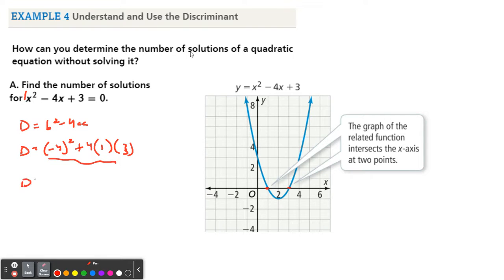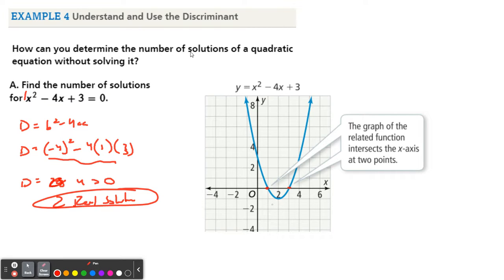I'm sorry, I did this wrong. It's minus. I got ahead of myself. b squared minus 4ac, so it's 16 minus 12, which is 4. That is greater than 0, so that means you'll have 2 real solutions.